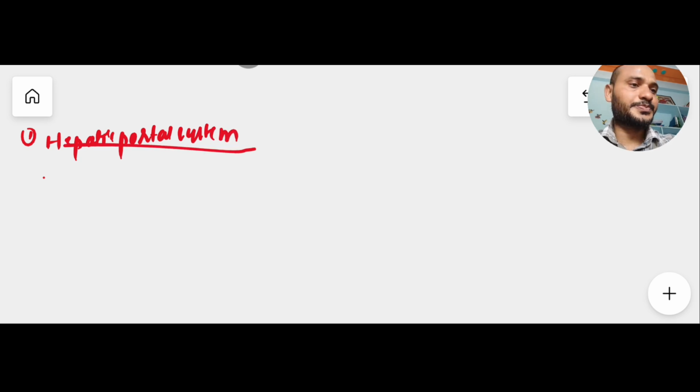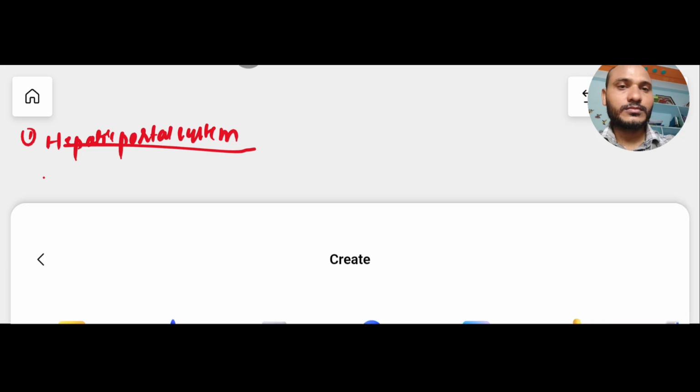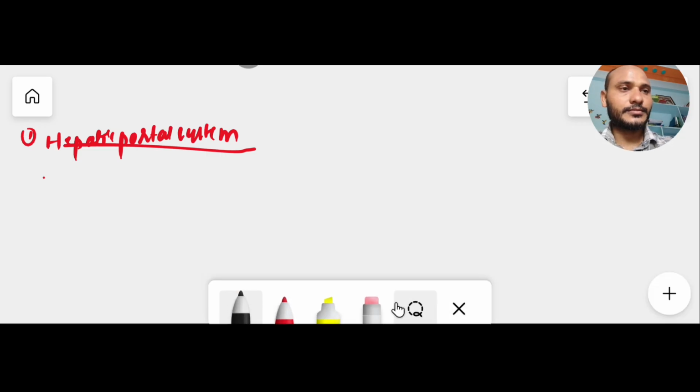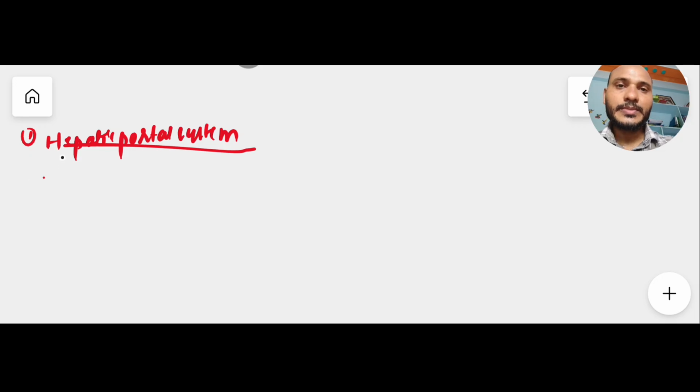Hepatic portal system. This hepatic portal system is present in all vertebrates. Very important.